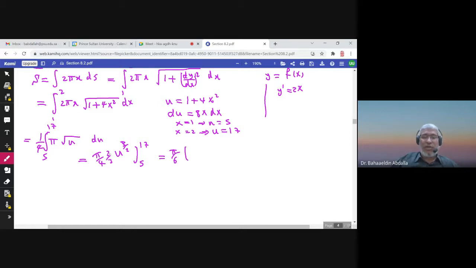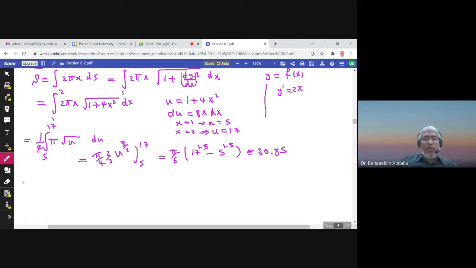Okay, that's the actual answer: pi over 6 times 17 to the power 1.5 minus 5 to the power 1.5. But if you find an approximate solution, you will get, approximately, the answer is 30.85. So that's the surface area.